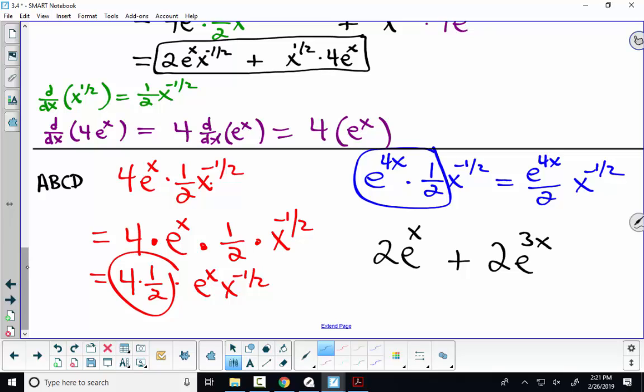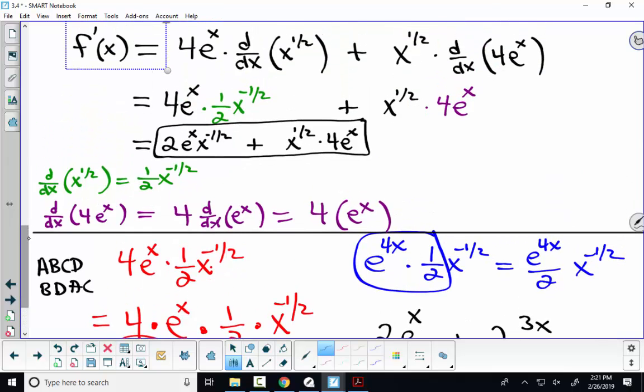I could say that this is the same thing as B times D times A times C, still the same thing. But as far as the terms go, we have two terms, and they're unlike terms. So once we multiply the 4 and the half in this term, that's about as far as we can go with combining things.